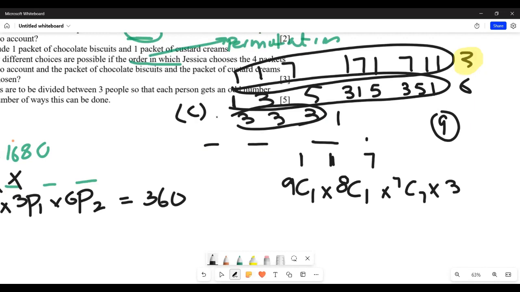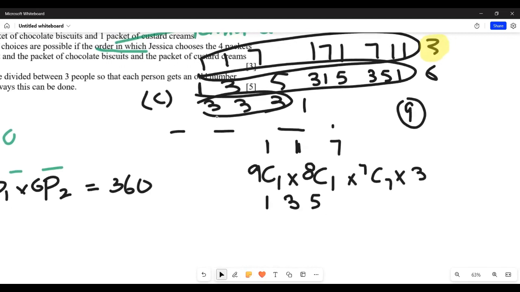Now I'm going to consider 135. That one of the person gets one pie, another gets 3 pie, another gets 5 pie. And like I said before, there are 6 ways of writing this. So I'll multiply the answer with 6 in the end, times 6.